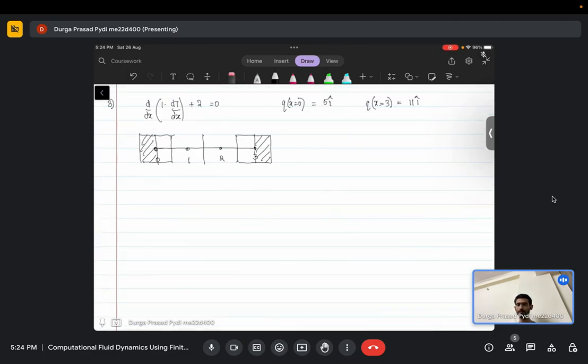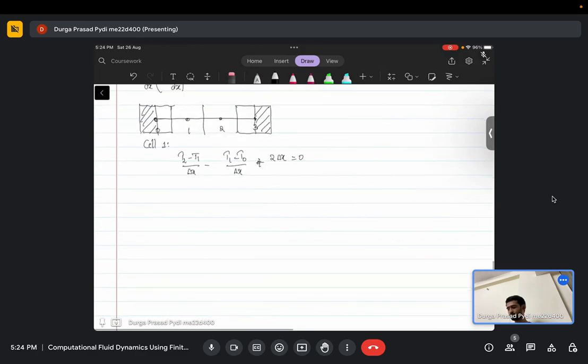I think by now you are familiar with writing the equations, so I'll just write it for, say, cell 1. For cell 1, the equation goes as (T2 minus T1) by delta x minus (T1 minus T0) by delta x, plus 2 times delta x equals 0.